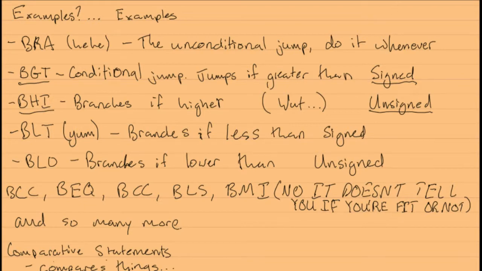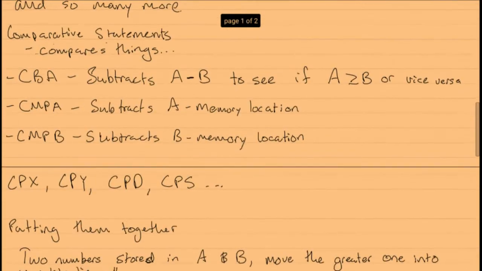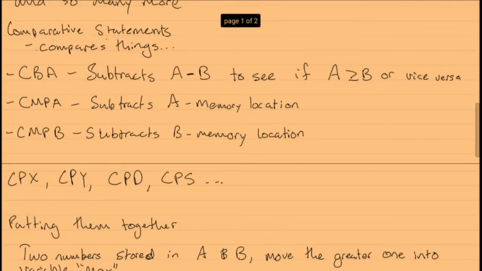Alright, so next up we're going to look at the comparative statements. These things are used to tell the branch statement when exactly to jump between different things. Say if you wanted to compare registers B and A, you would use this command, CBA.